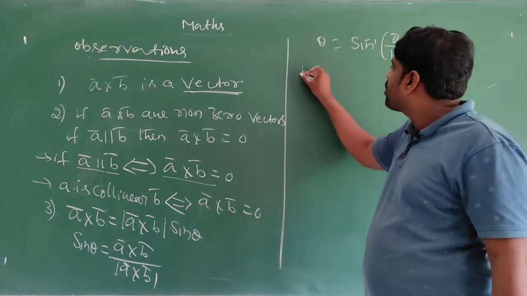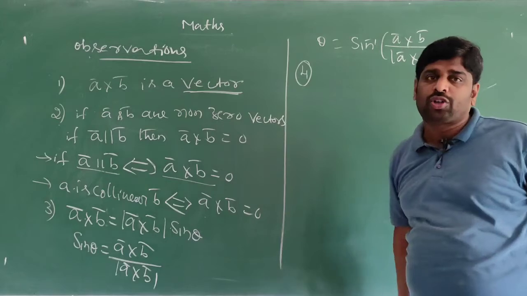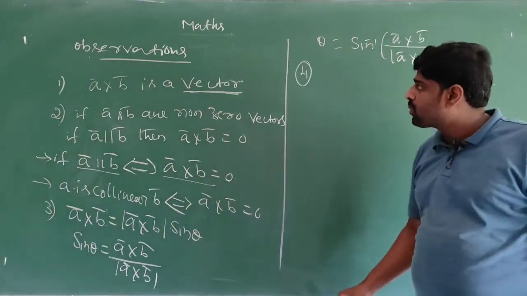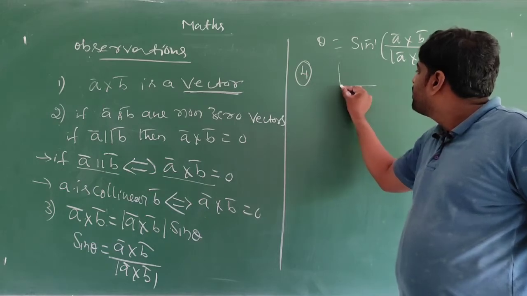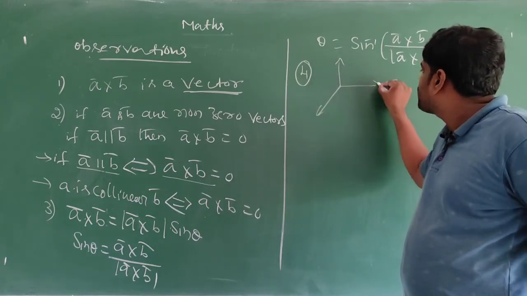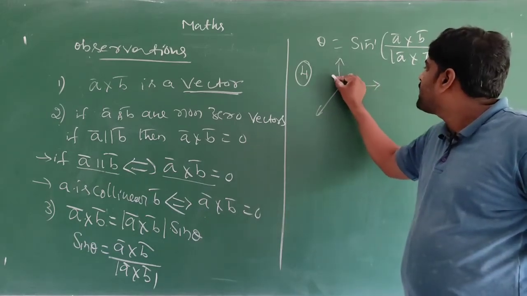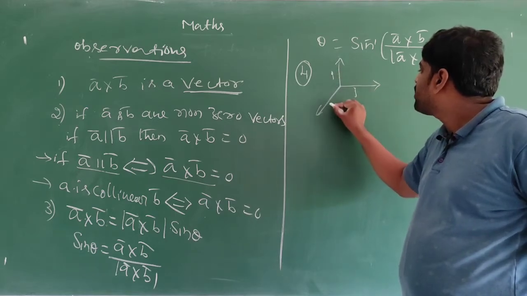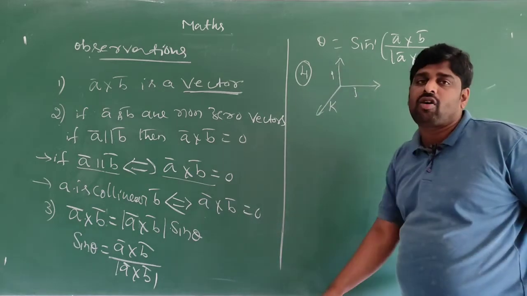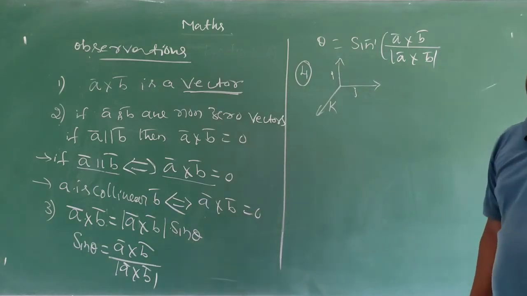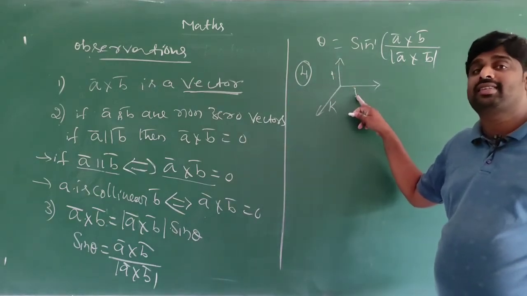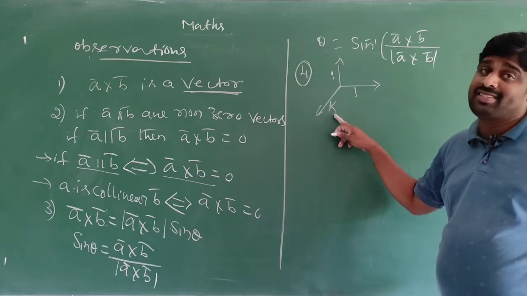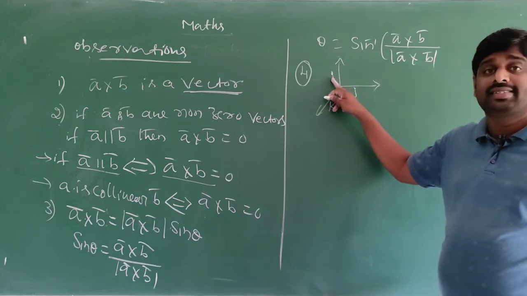Now come to the fourth point. I already told this in the dot product of vectors: this is the i component, this is the j component, this is the k component. In the dot product of two vectors, i dot j is 0, j dot k is 0, k dot i is 0.